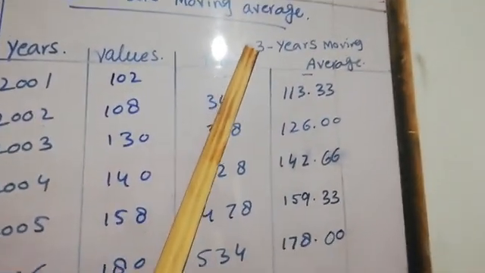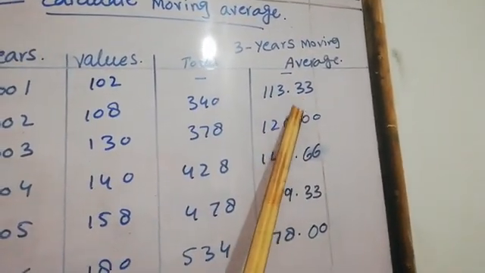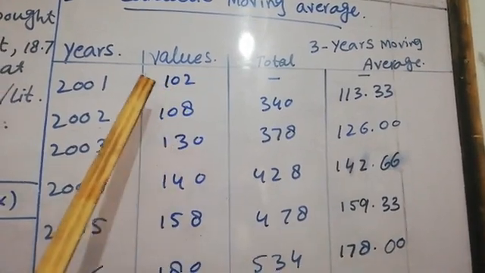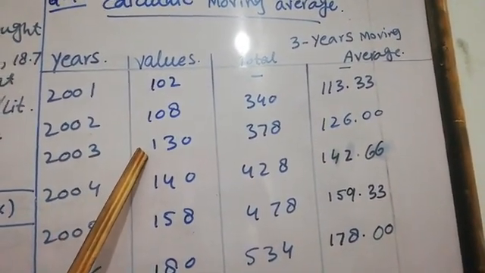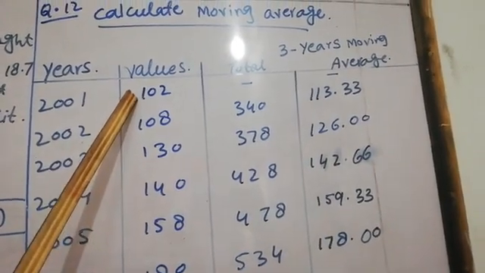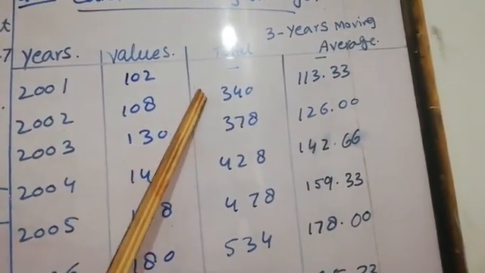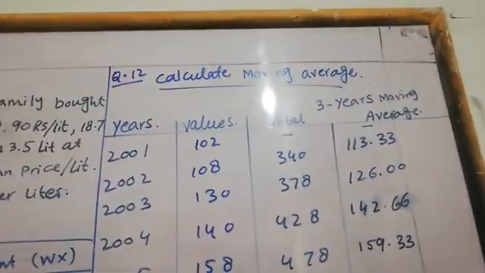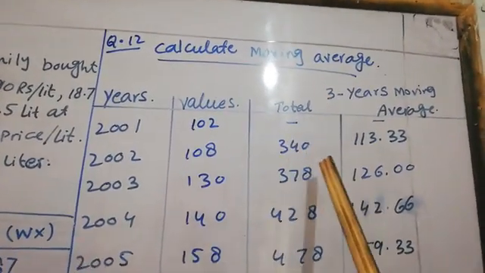So for the average, first of all we will find the 3 years moving total and then the 3 year moving average. 3 years total means we will add 102 plus 108 plus 130, and we will write their sum in front of the middle value. You will put a hyphen or dash sign for the first value.